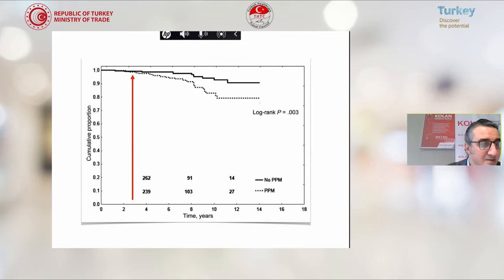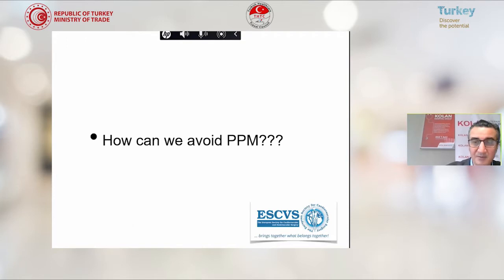As you see, structural valve degeneration is more pronounced in patients with patient-prosthesis mismatch, and this degeneration starts 2 or 3 years after aortic valve replacement.